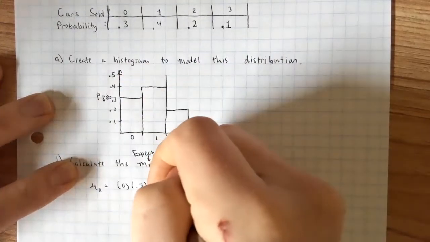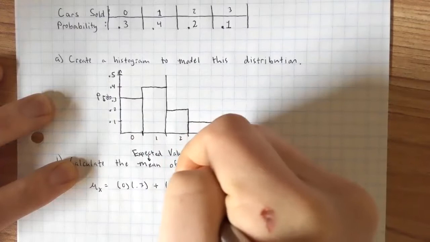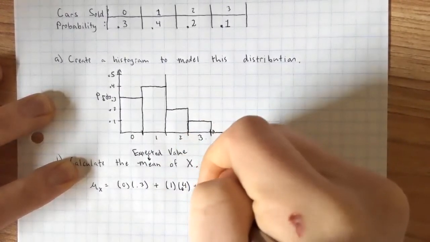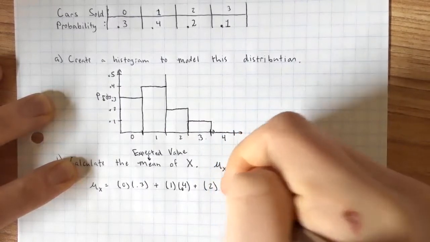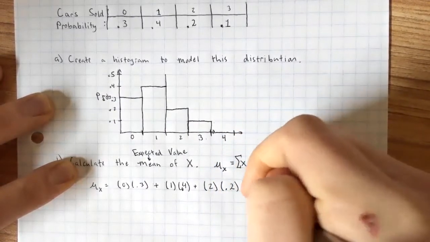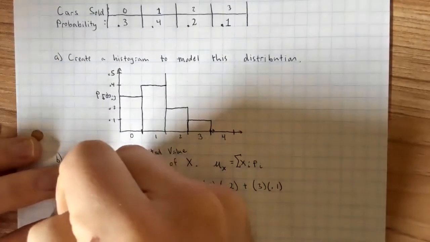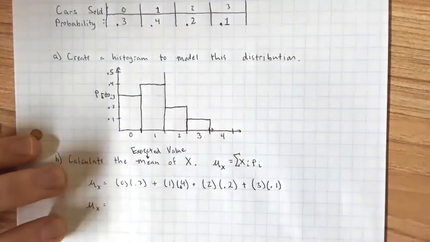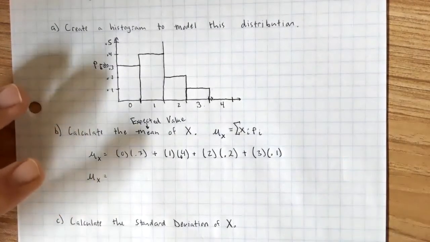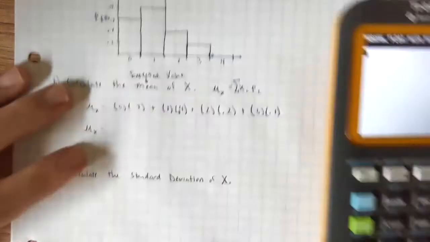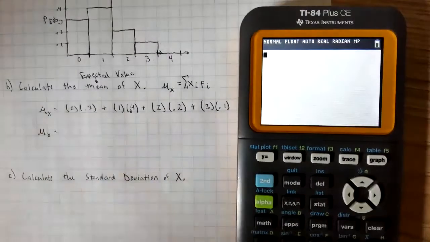So the next thing would be 1 times 0.4 plus 2 times 0.2 plus 3 times 0.1. And so the mean of this random variable x is going to be equal to, I'm not real sure, let's figure it out. You can do this all in one step on your calculator.